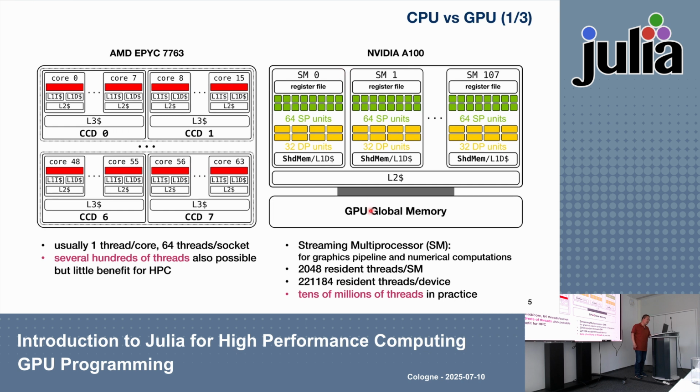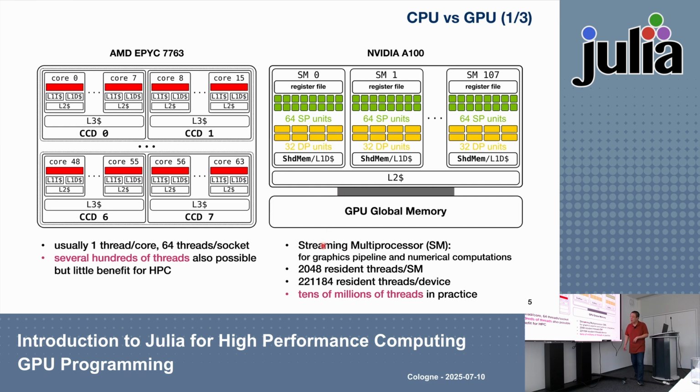First, you see this very big die, I mean this integrated circuit. It has 108 so-called SMs. SM means streaming multiprocessor. So it has 108 streaming multiprocessors.